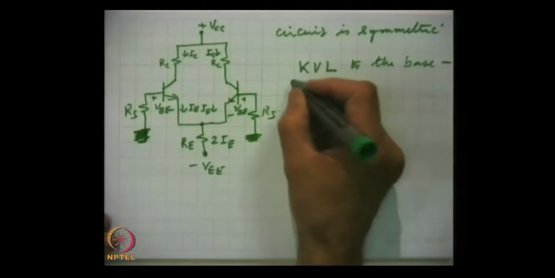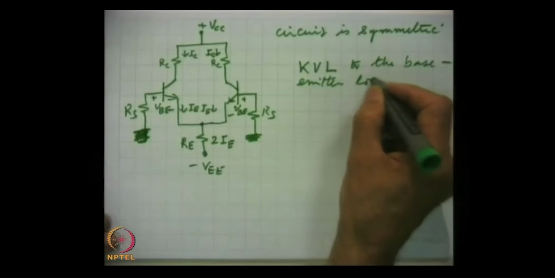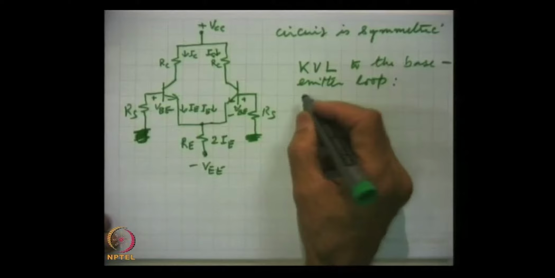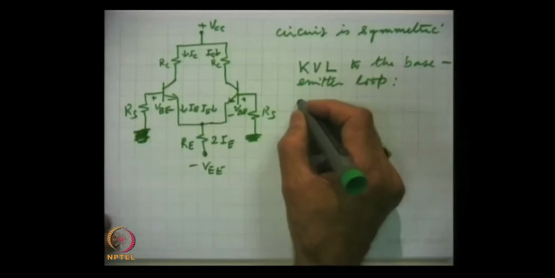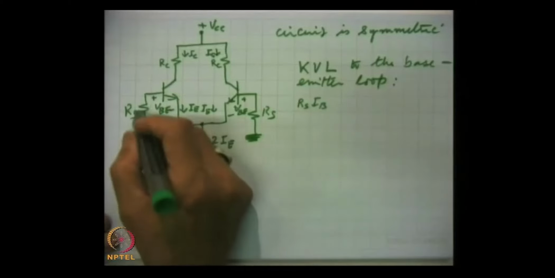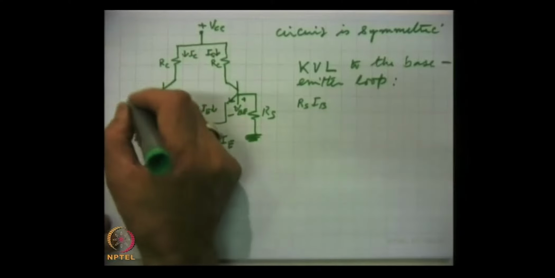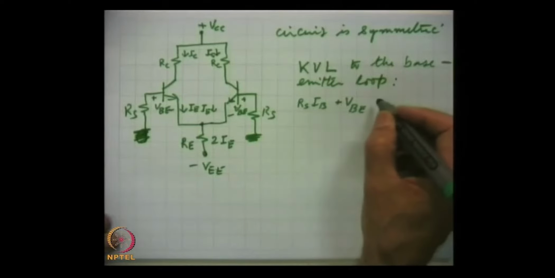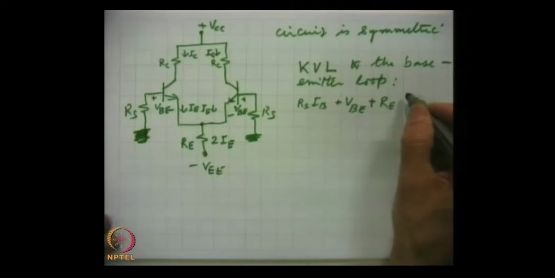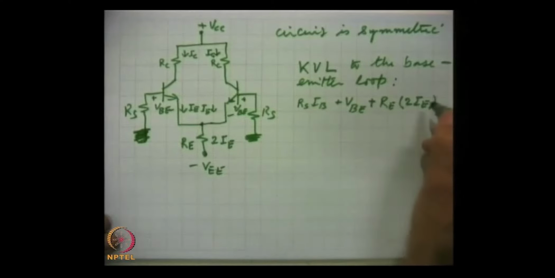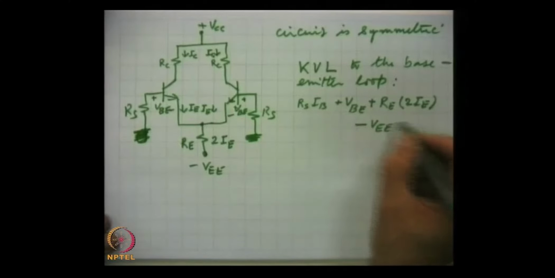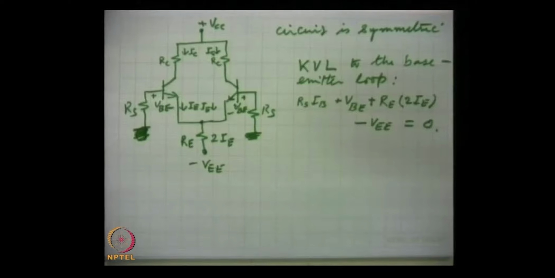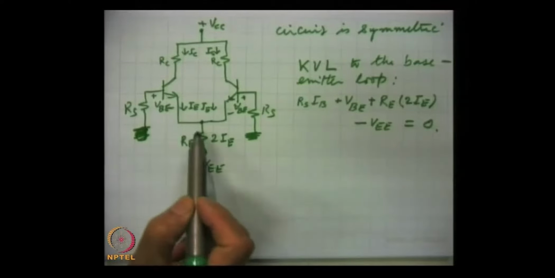When we apply, we get Rs into base current, plus VBE, plus RE into 2IE, minus VEE. This is equal to 0.